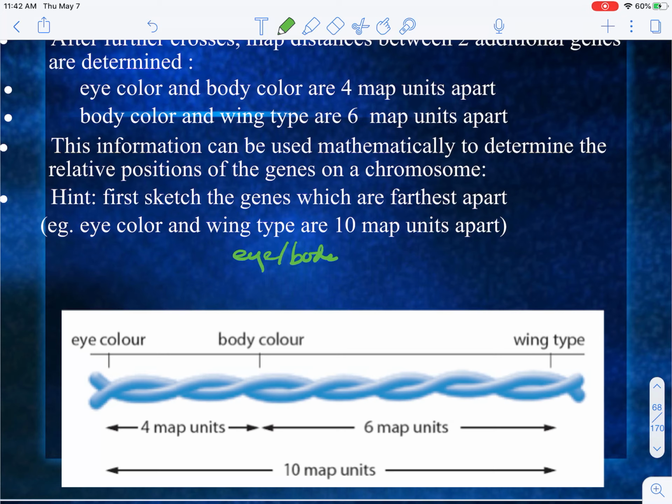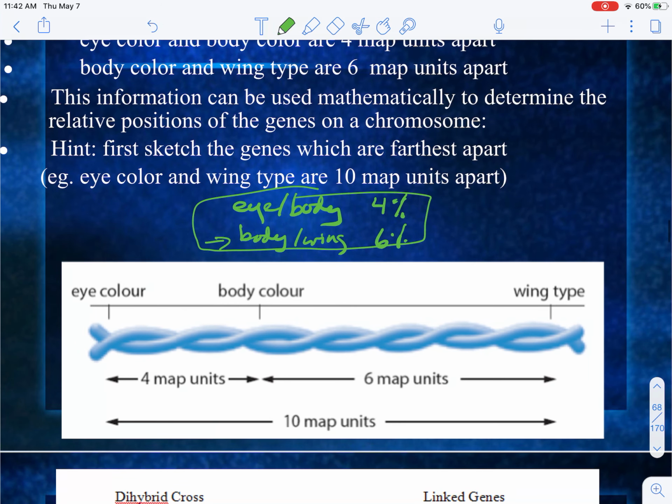We can just look at things like if they have a set of data that says eye and body color, they say recombinations 4% of the time, and in body color that we're studying in these flies and wing type, if they do crosses looking at just those two genes, then 6% of the time there appear to be recombinations.